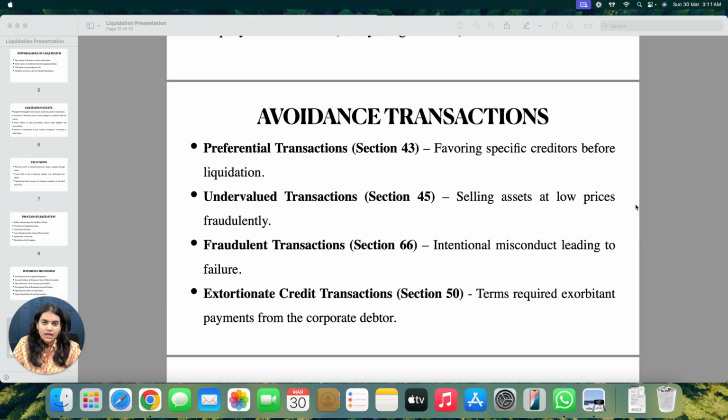So, a resolution professional or a liquidator is required, upon identifying such transactions, to file an application before the adjudicating authority. They are empowered to take all such data available with the corporate debtor and take assistance from other professionals to identify these transactions, and after having identified them they are required to file an application before the NCLT.